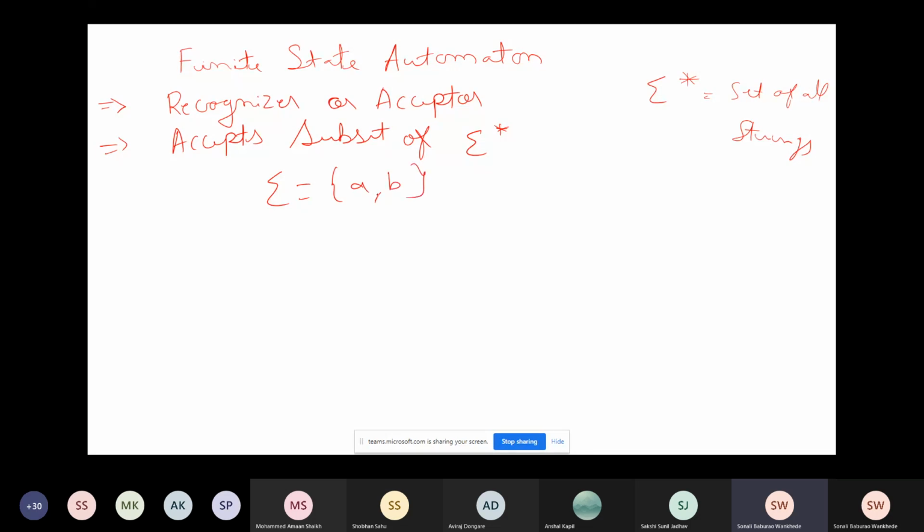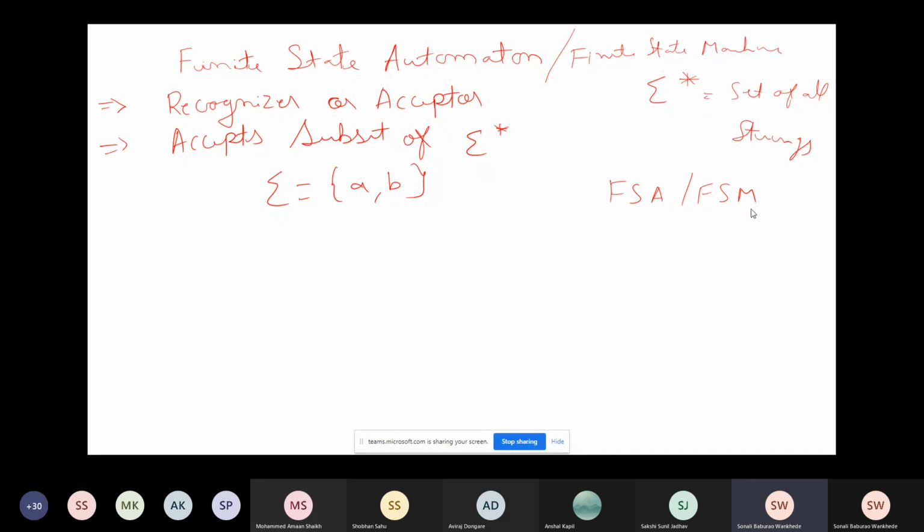This is the formal definition of an FSA, finite state automaton, which says that FSA or FSM, it's the same thing. In some contexts, it's also stated as finite state machine. So it can be FSA, finite state acceptor, or it can be finite state machine.